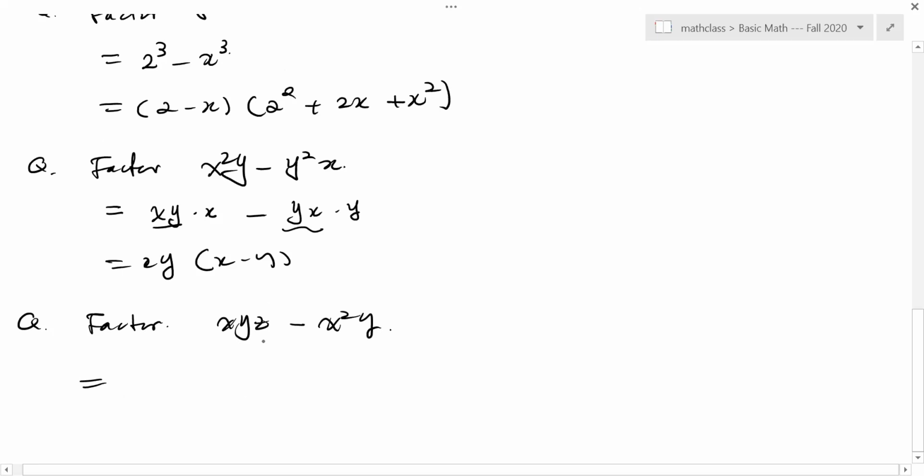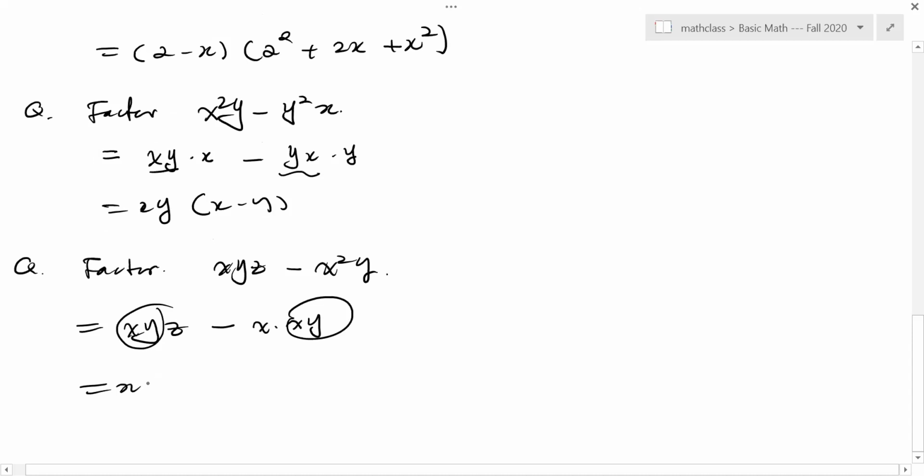You see that when you read through all the terms, each term contains x times y. So x y would be the common factor. You take this out, so z minus x. Good.